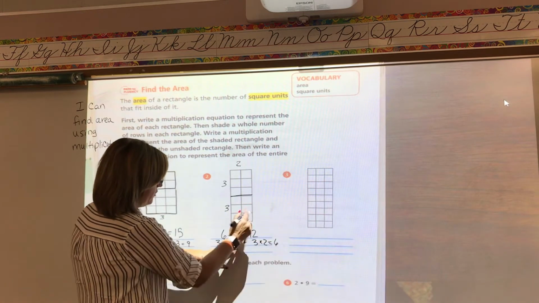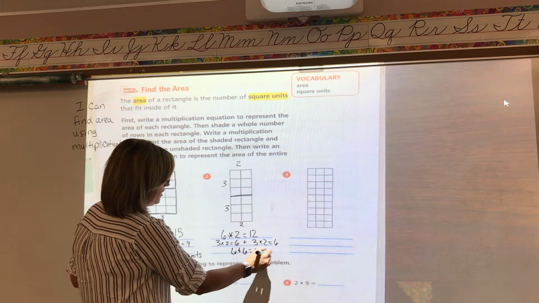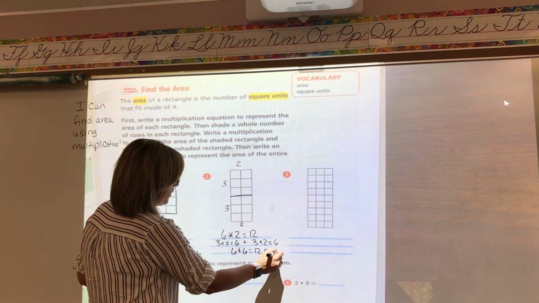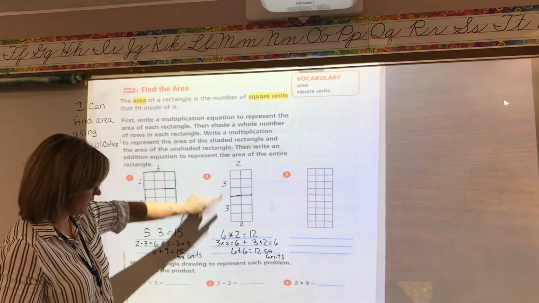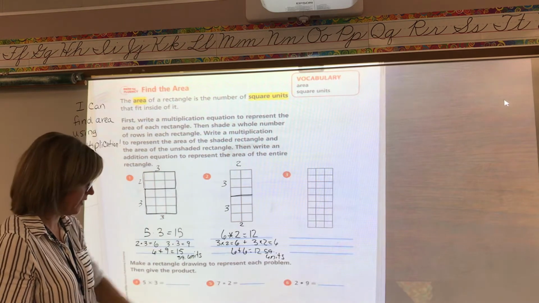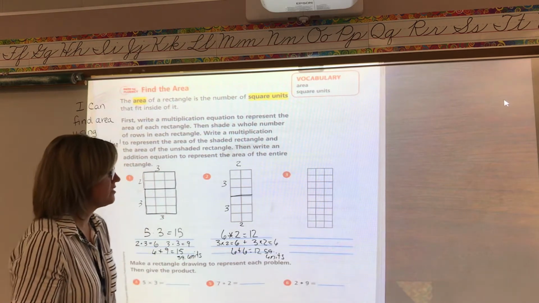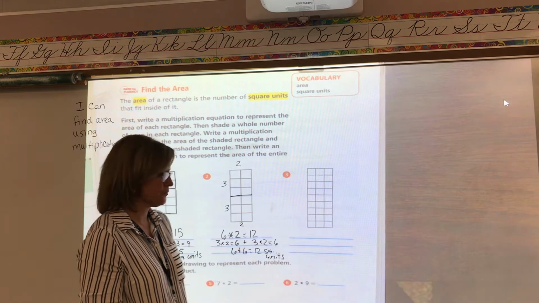That equals 6. So if I add those 2 together, 6 plus 6 equals 12 square units. Either way, whether you do it 6 times 2 or 3 times 2 and 3 times 2 added together, you're going to get 12 square units. Pause here and try to do this one all on your own.